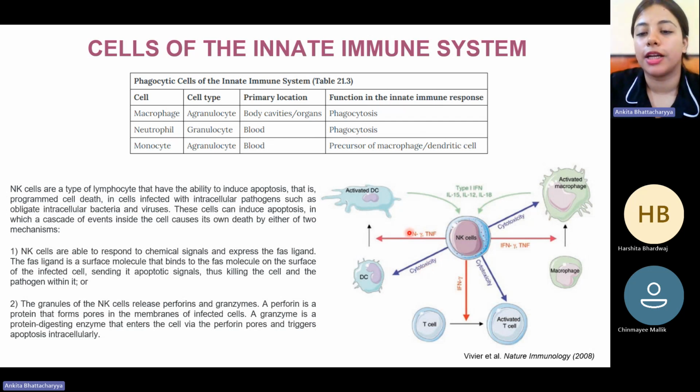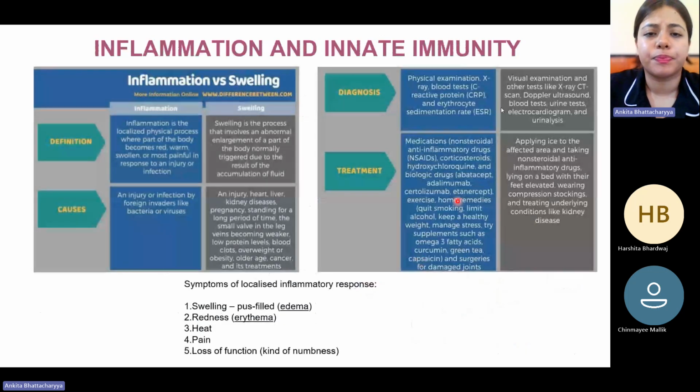Say, for example, if there are certain interferons or certain chemokines which are present, then they can lead to some very specific responses, and therefore overall have a huge role to play, at least in terms of innate immunity. So we understood those as well.